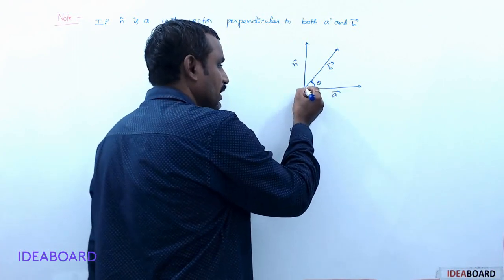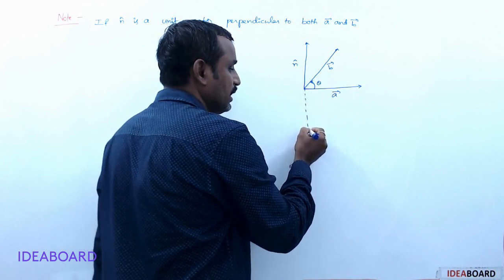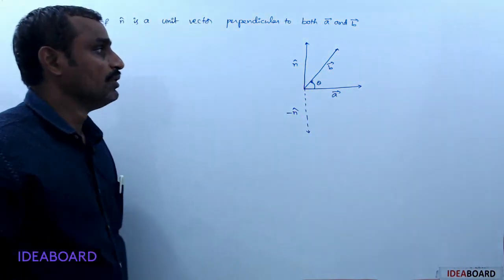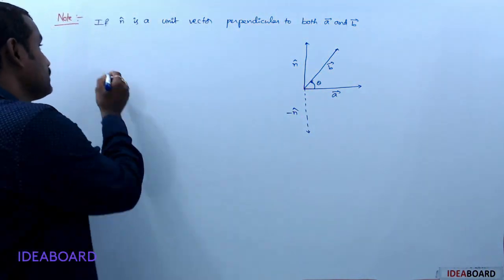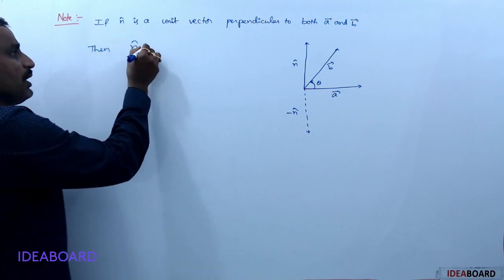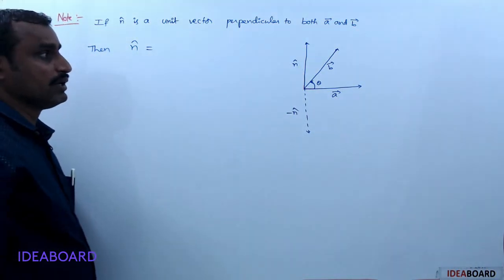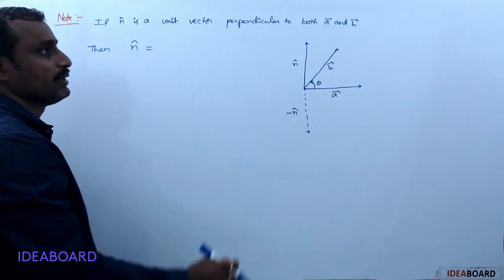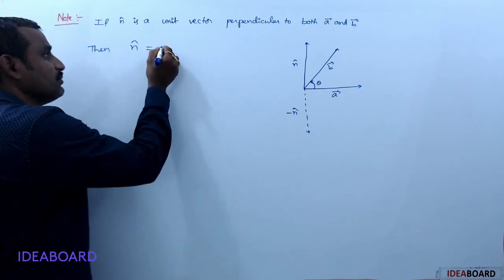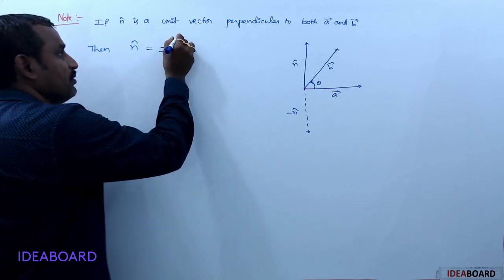When you are taking downwards, that is the negative direction, so we take it as minus n cap. Two vectors are there which are perpendicular to A bar and B bar, either positive or negative.